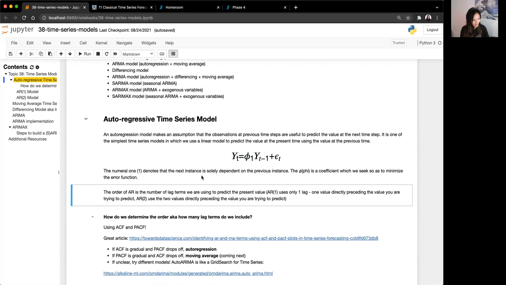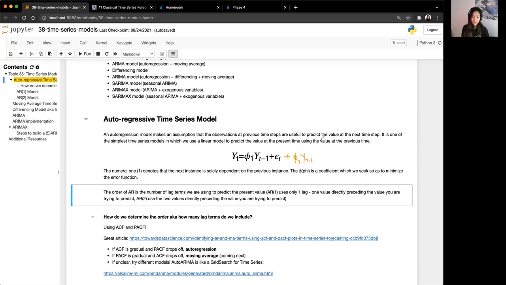With AR models, the order of AR is the number of lag terms that we're using to predict the present value. AR(1) only uses 1 lag, AR(2) uses 2 lags. So instead of this, it will scale up, and let me just write it out so it's clearer. You'll see another term plus phi_2 multiplied by y_{t-2}.